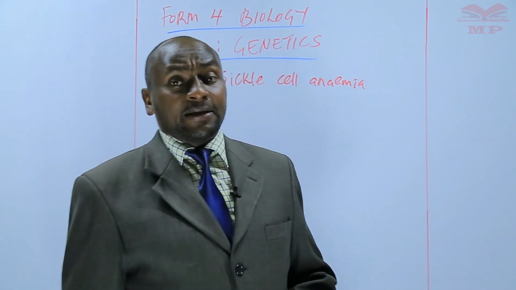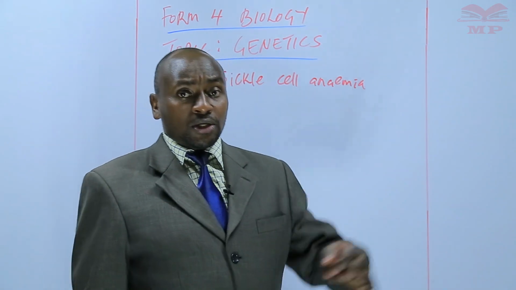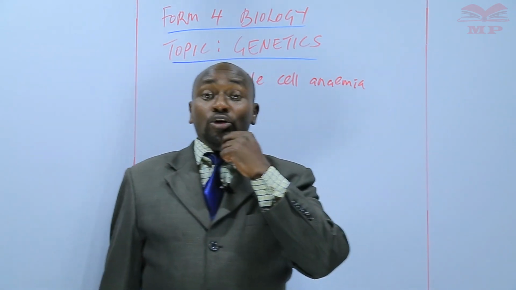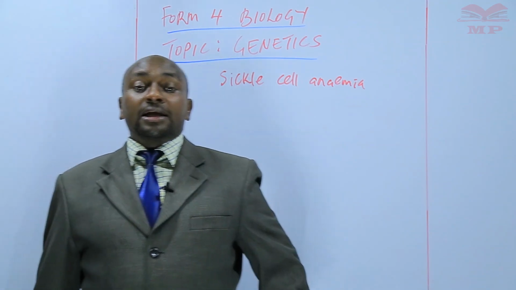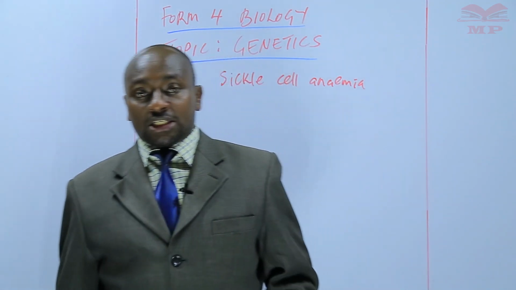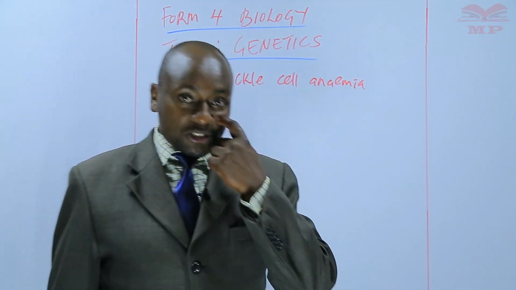Of course, we know that the function of hemoglobin in the blood is to transport oxygen. So if the hemoglobin is defective, like in the case of sickle cell anemia, it is not efficient in terms of loading and transportation of oxygen.